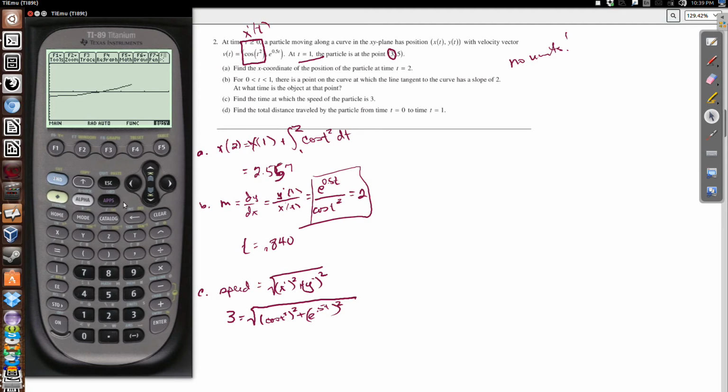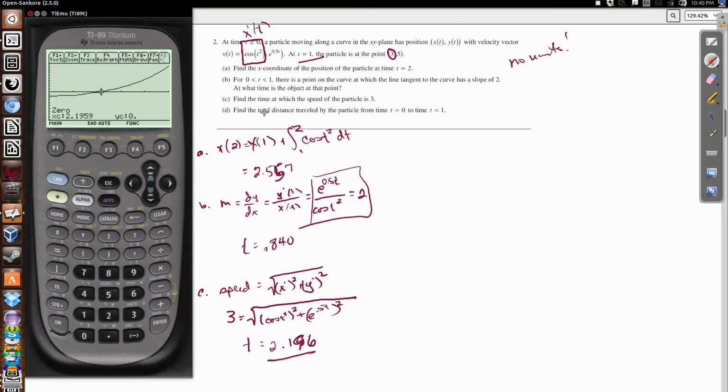So this is where my speed ends up being equal to 3, somewhere between 2 and 3. So I'm going to go to my algebra and find the 0 somewhere between 2 and 3. And so I find out that my time is equal to 2.196. So this is the time at which my speed ends up being equal to 3.